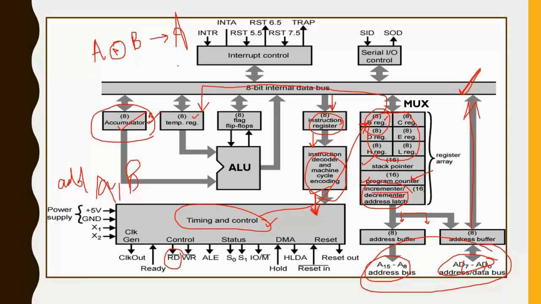So internally how it works is that firstly the data of B is stored in the temporary register, and then the accumulator and temporary register go through the ALU, right? And then the result is moved to the data bus, and then the result is stored in the accumulator, right? So in the meantime, while all these things are happening, the program counter increments.